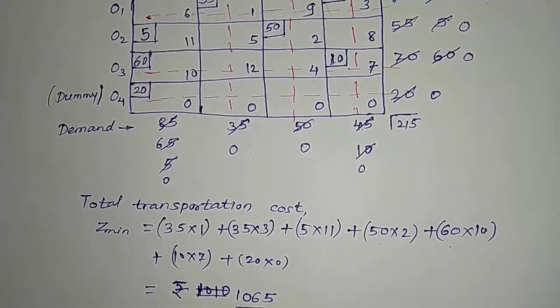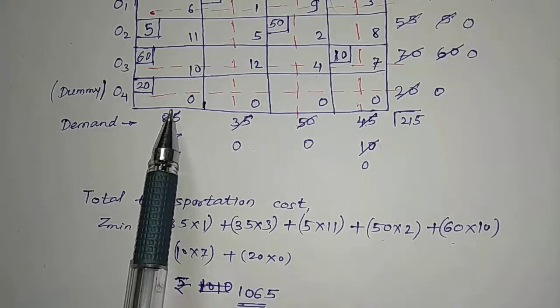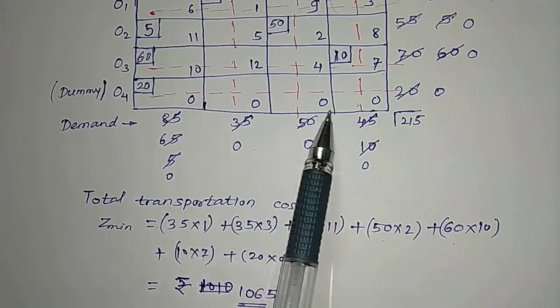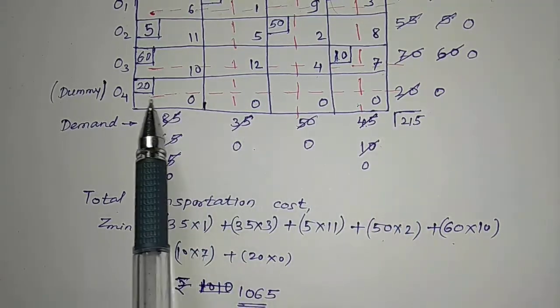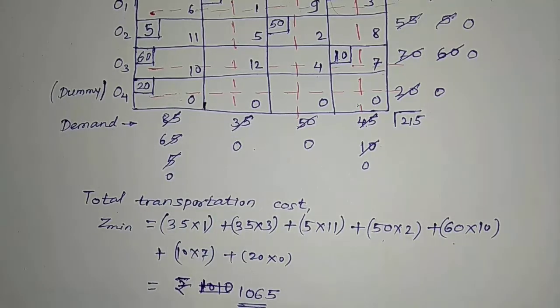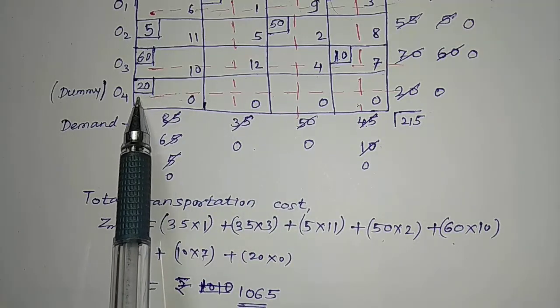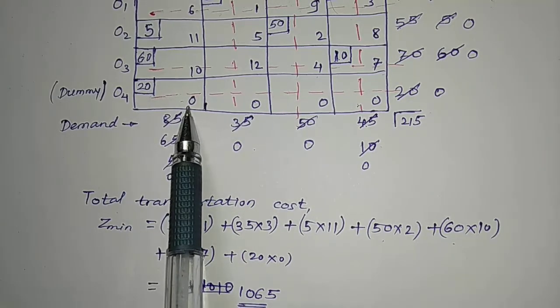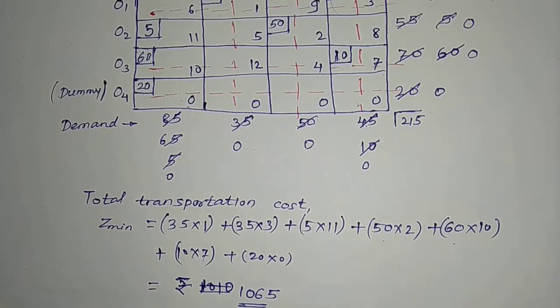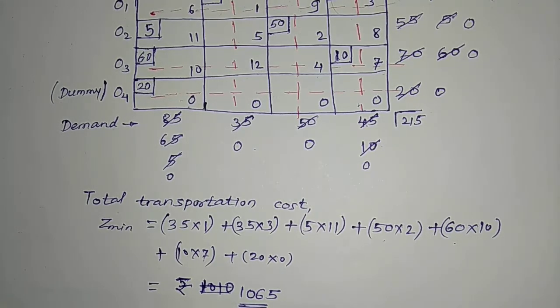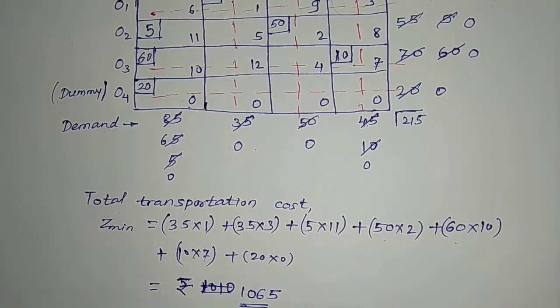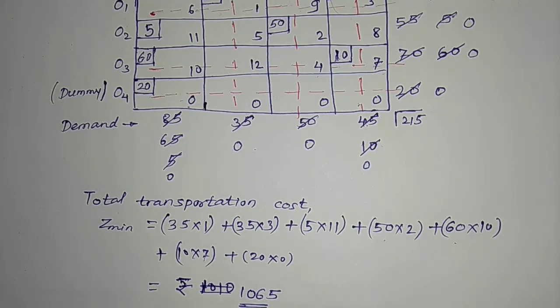Now if you observe here, though we have added a dummy row with zero cost elements to balance the given problem, this has no effect on our final solution, because however the quantity which we allocate here has zero cost, so the total transportation cost doesn't get affected if we balance the problem by adding zero cost elements. I hope you have understood the problem. Thank you for watching the video.